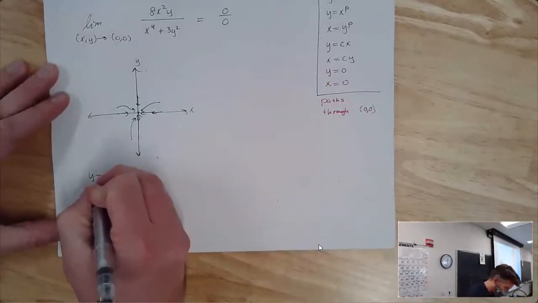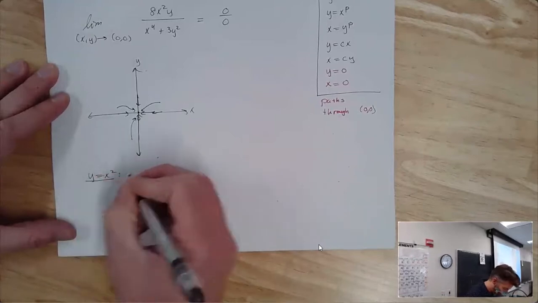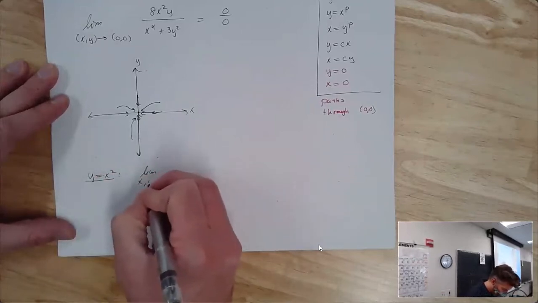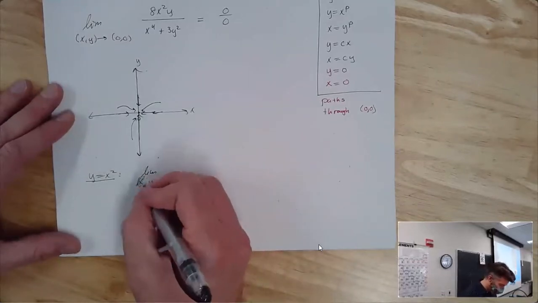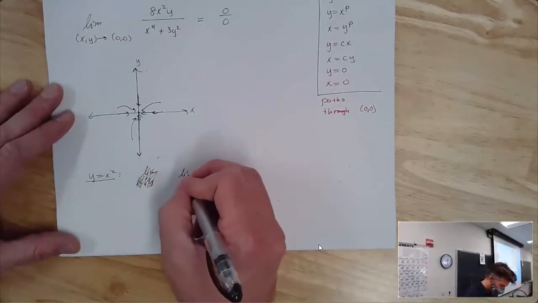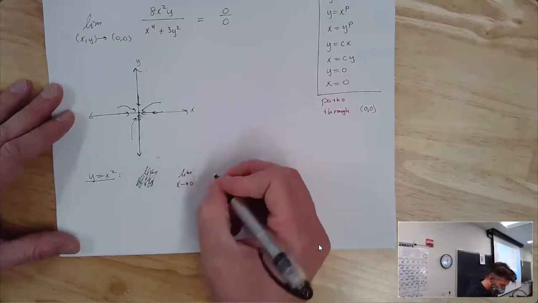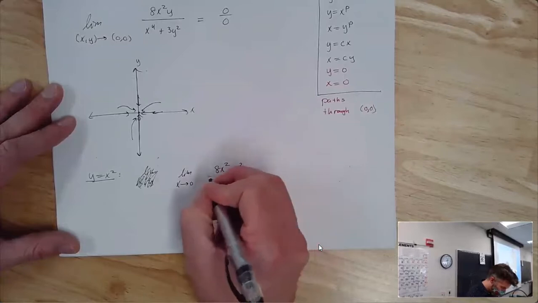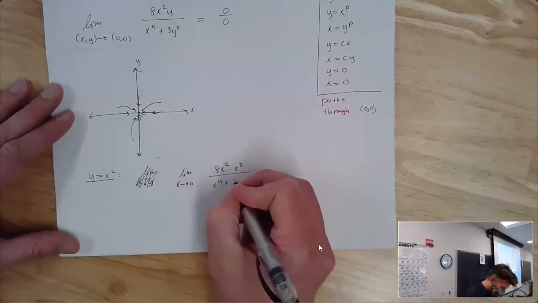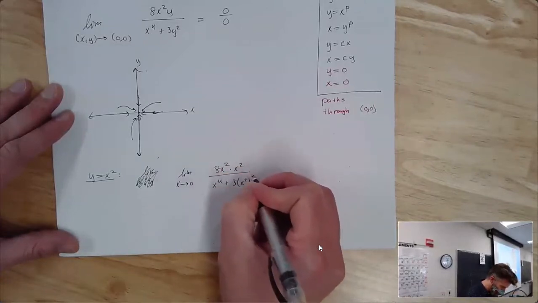If we pick y equals x squared, then we get the limit as x approaches 0 of 8x squared times x squared over x to the 4th plus 3x squared squared.